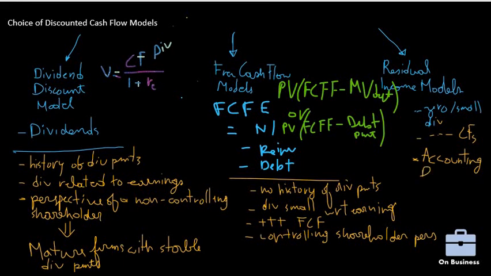This is why usually we don't use it. So we have to have high quality accounting disclosures, but this model is rarely used. Our focus will be on the first two models.